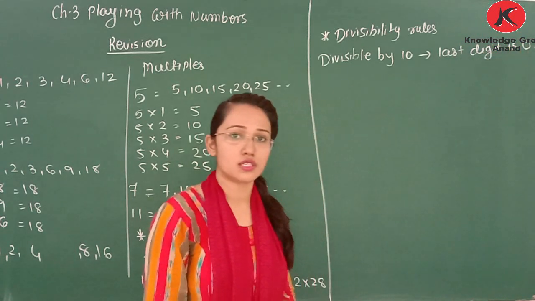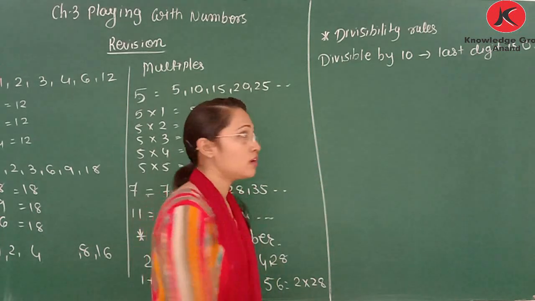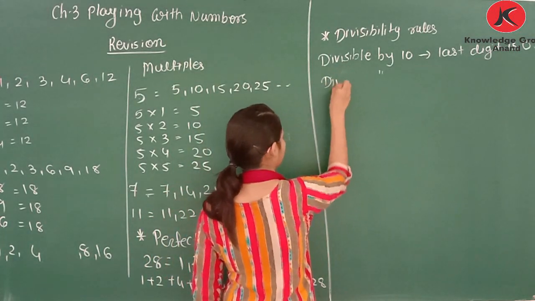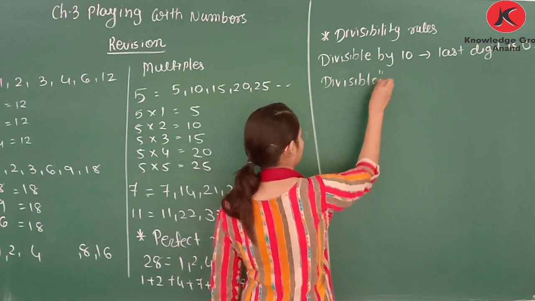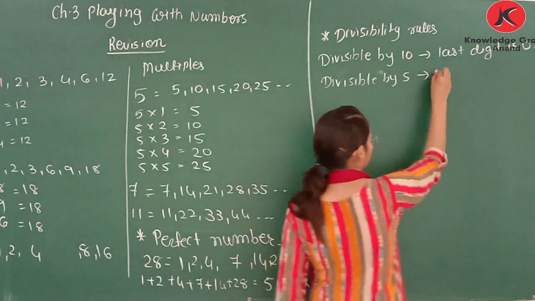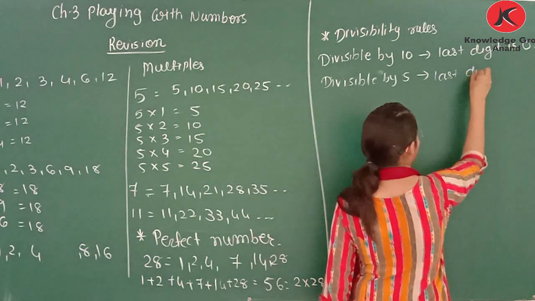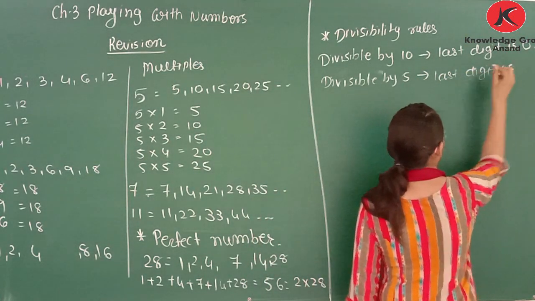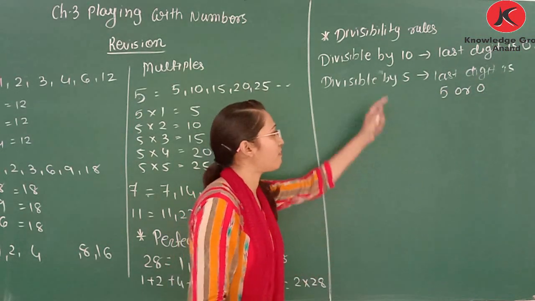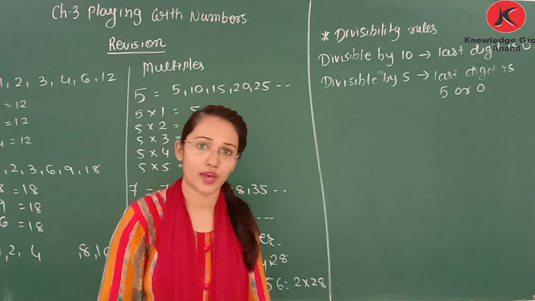If the last digit is 0, then the number is divisible by 10. Which numbers are divisible by 5? If the last digit is 5 or 0. Which numbers are divisible by 5? If the last digit is 5 or 0.